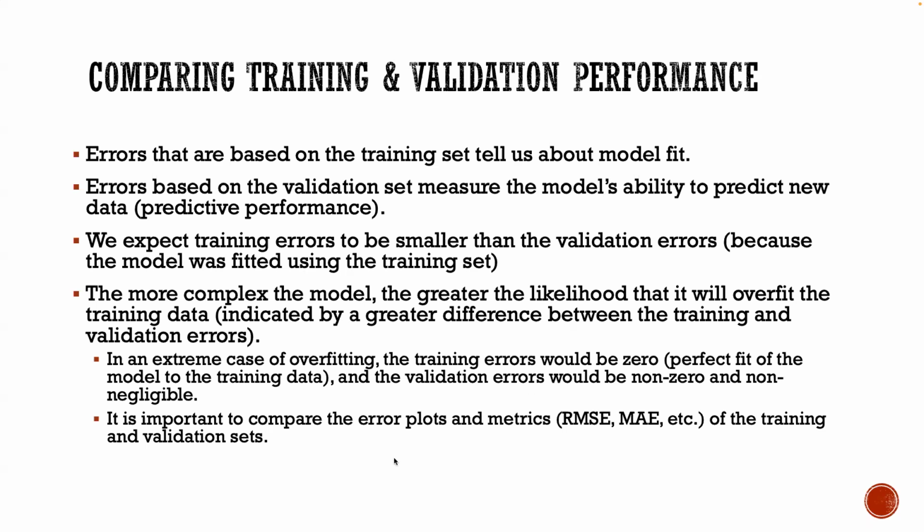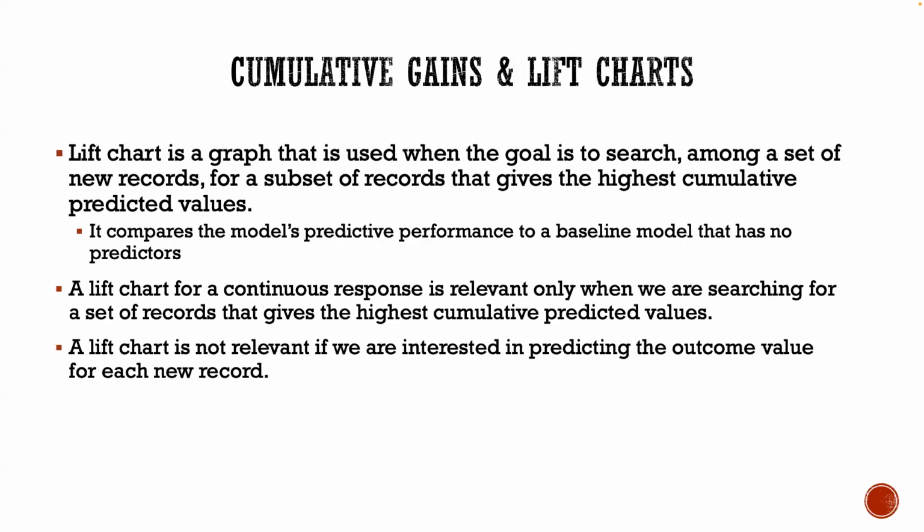So it has to be done through comparison of error plots and different metrics on both training and validation sets. Along with those error metrics that we just talked about, there are certain graphs and charts that can be very helpful when we are understanding how well the model is working.